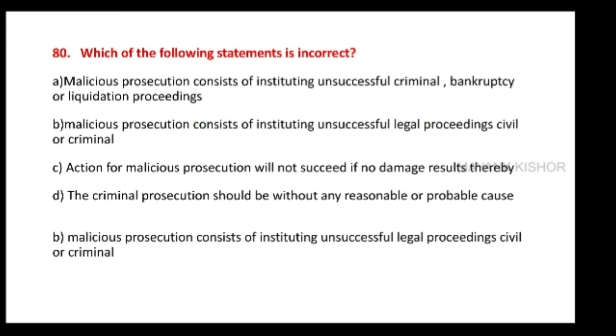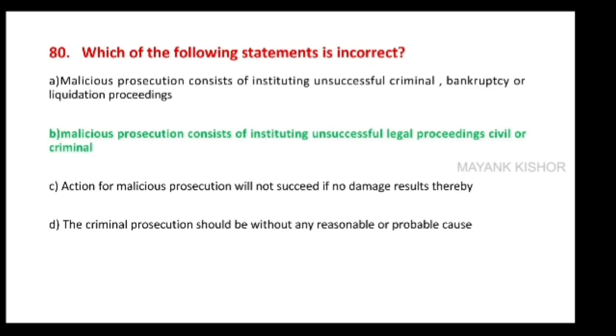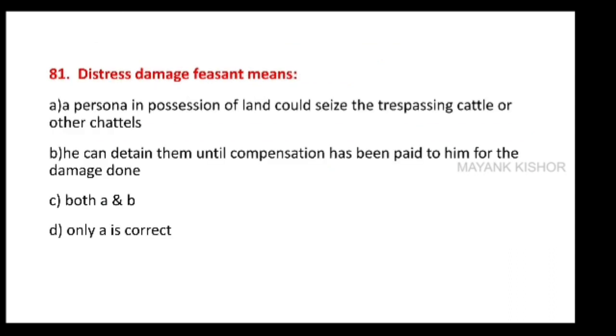Option C, action for malicious prosecution will not succeed if no damage results thereby. Option D, the criminal prosecution should be without any reasonable or probable cause. And the correct answer is option B. Malicious prosecution consists of instituting unsuccessful legal proceedings, civil or criminal, is incorrect. Rest all are correct.